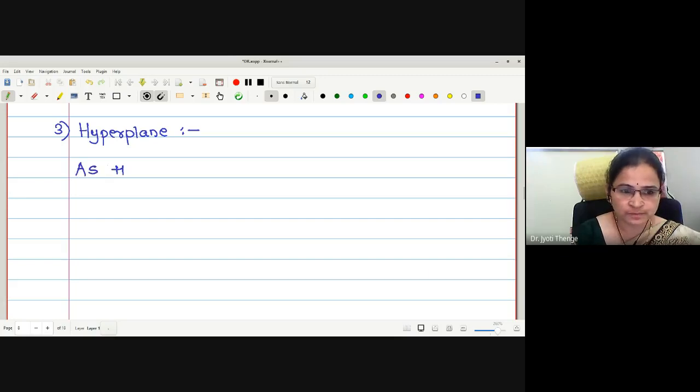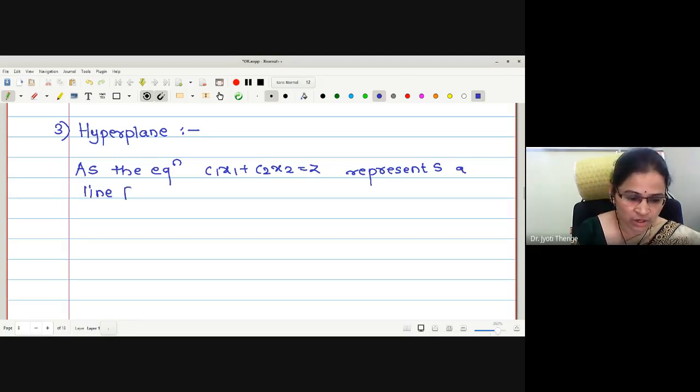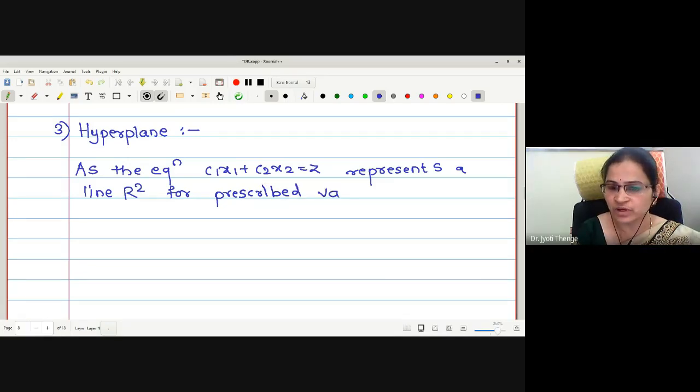As the equation c1x1 plus c2x2 is equal to z represents a line in R2 for constant z, for prescribed values of z, that is for z equal to 0, z equal to 1 and so on.